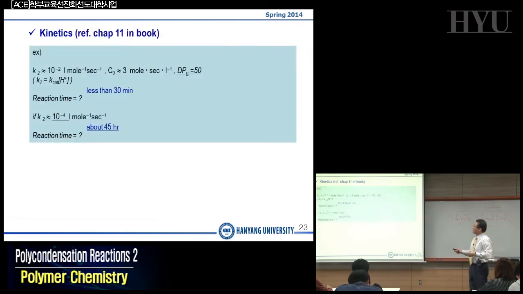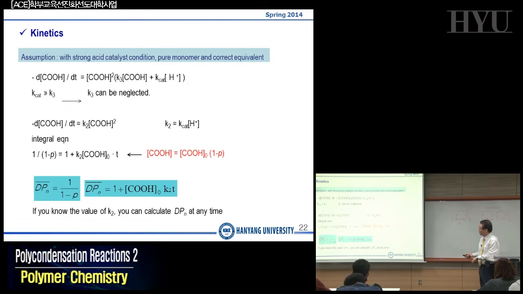This is one of the very important exercises that we have practiced. By knowing the Carothers equation, and particularly if you know the kinetics of polymerization, we will be able to find out how long it will take to get the polycondensation reactions.